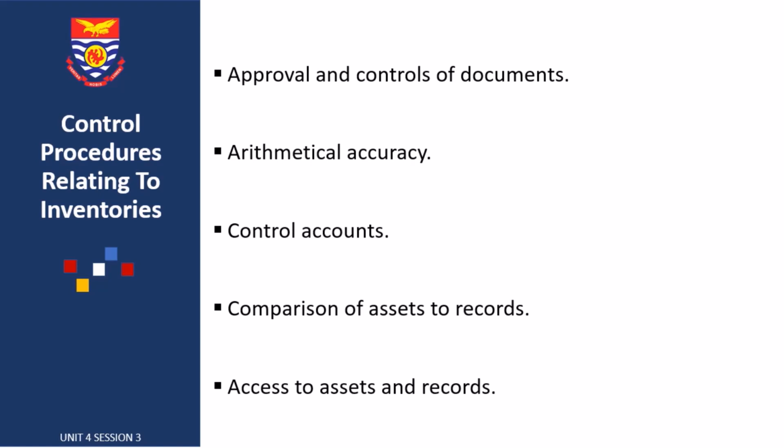So, for example, when we take approval and control of documents, we are saying that issues from inventory should be made only on promptly authorized requisitions, and reviews of damaged, obsolete, and slow moving inventory should be carried out. Under arithmetical accuracy, all receipts and issues should be recorded on inventory cards. It should be cross-referenced to the appropriate goods received note or the requisition document.